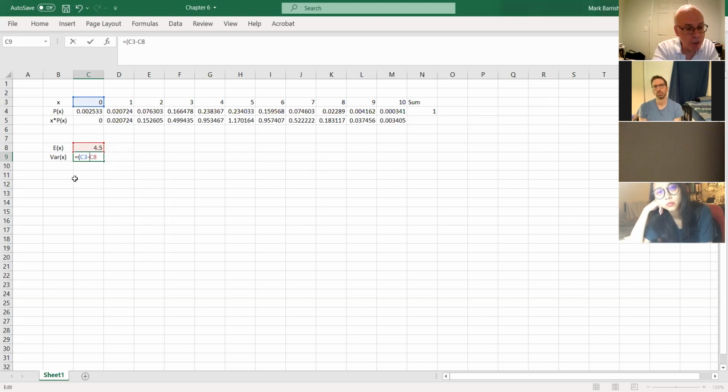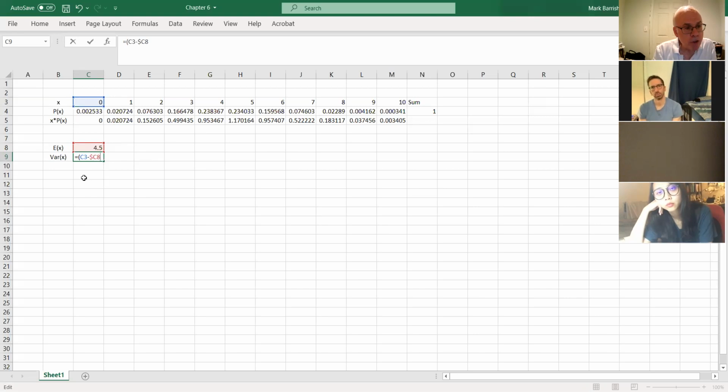So I apologize. It's the column that needs to be fixed, not the row, right? So you put your $ before the C, and we want the column to be C in every case. The row is going to continue to be 8.